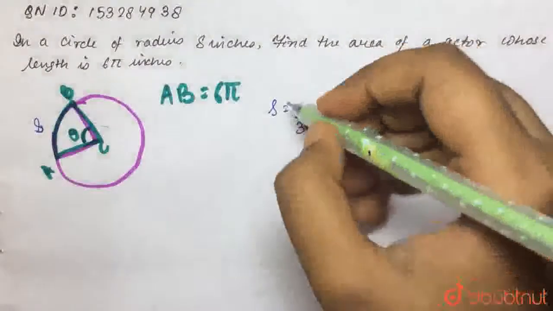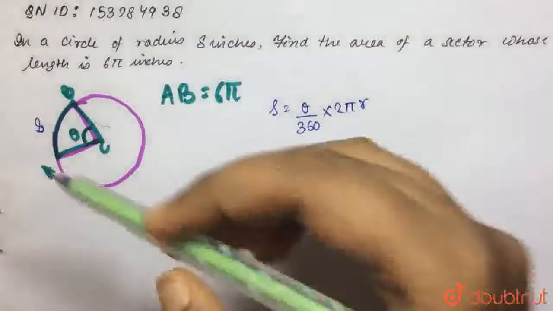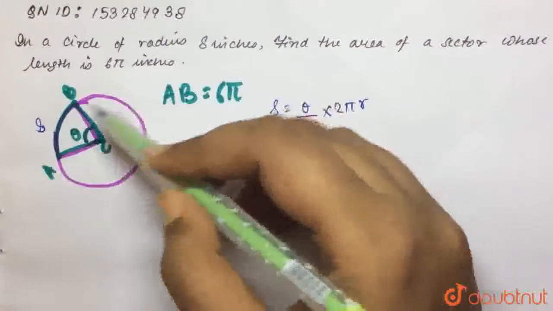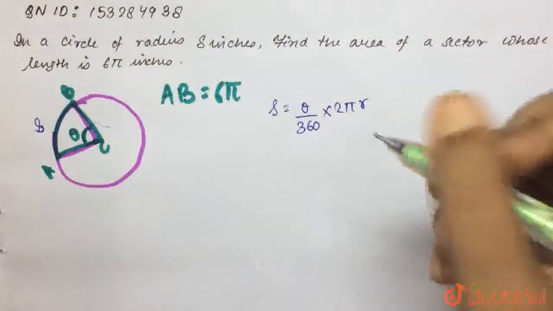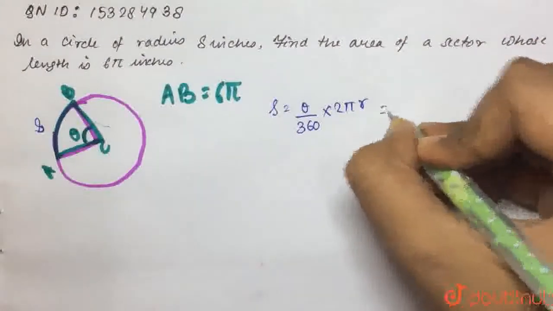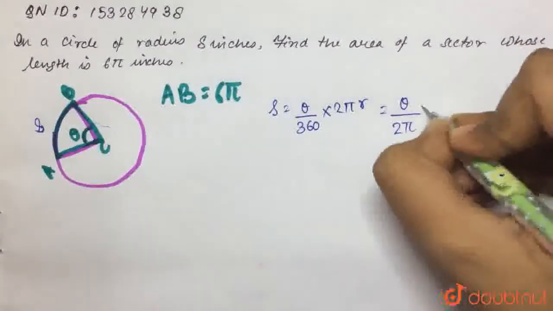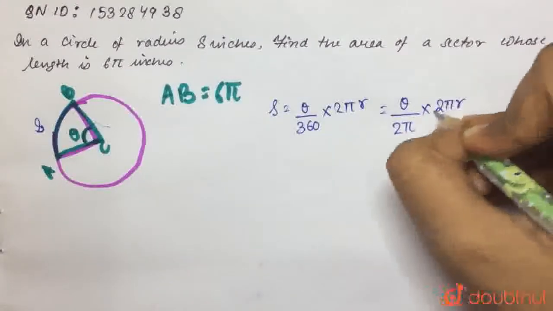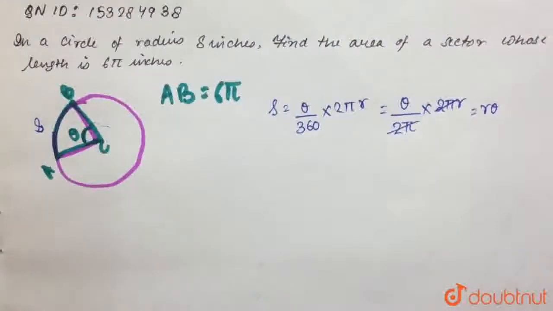Theta by 360 into 2 pi r, where 2 pi r is the circumference of this circle. So in radians 360 is 2 pi. So theta by 2 pi into 2 pi r. You cancel 2 pi, so S equals r theta.